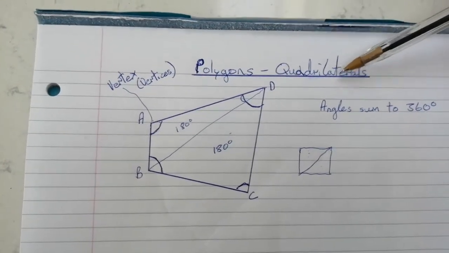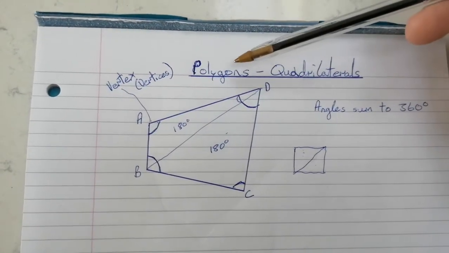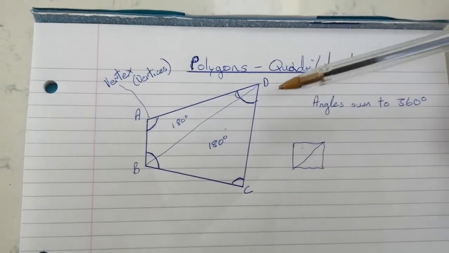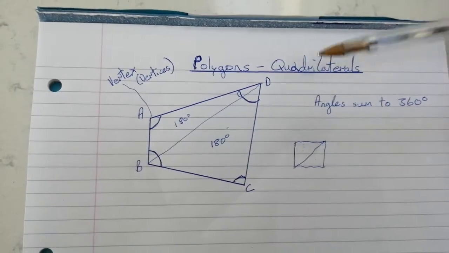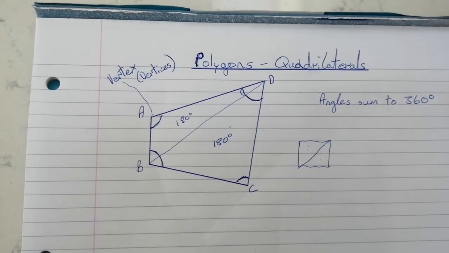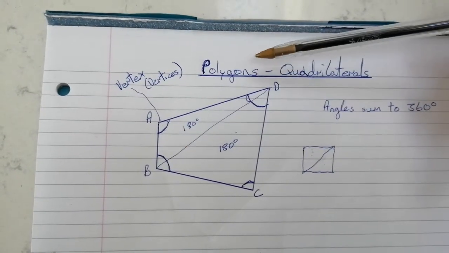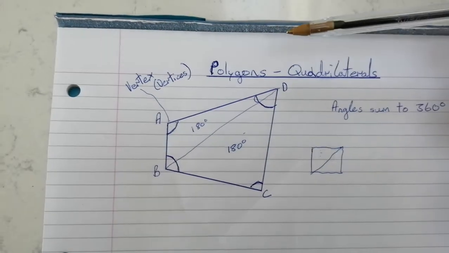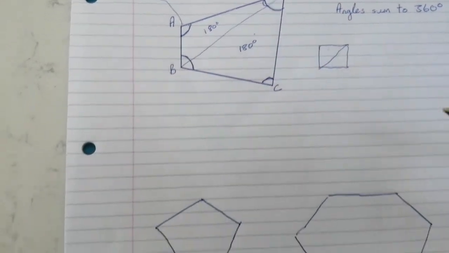So moving on from the quadrilateral then, polygons generally are any shapes which have straight lines as their sides, and they must have three or more sides. So for instance, a quadrilateral is a polygon, a triangle is a polygon, a square is a polygon, and we're used to a lot of types of polygons.